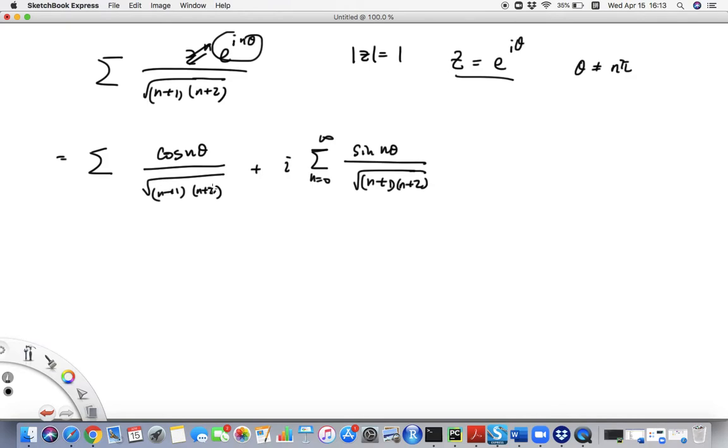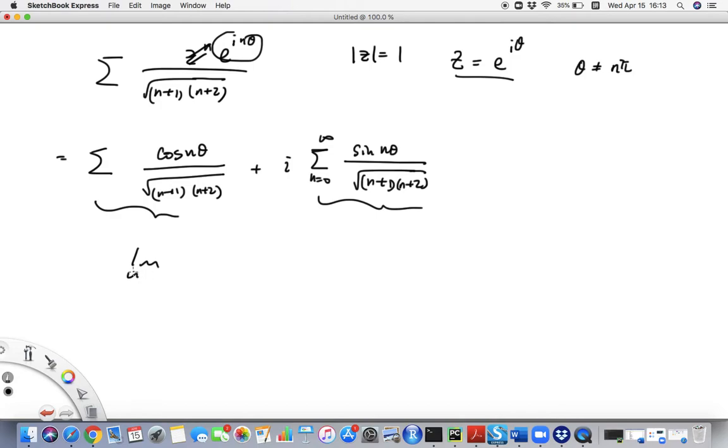We decompose that into the real part and the imaginary part. So the plan is to show both converge. Let's first handle this one. So use limit comparison.